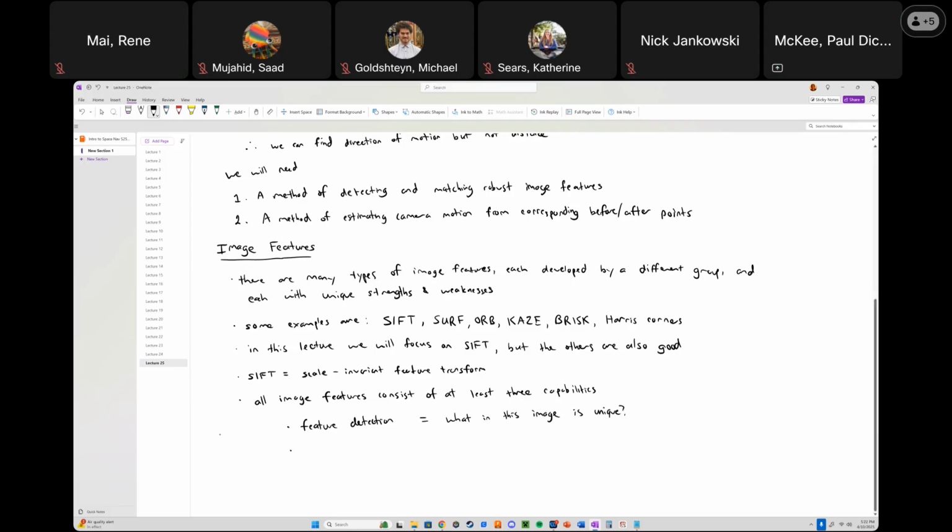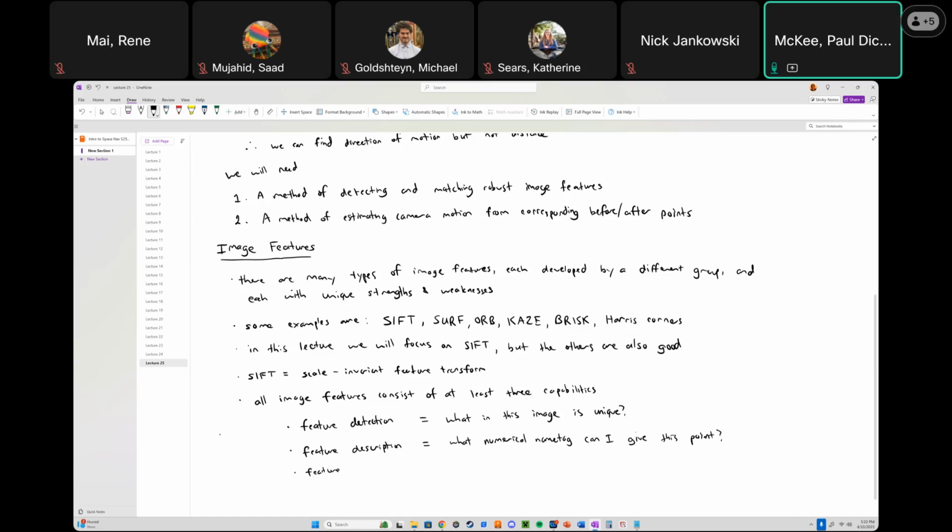And then there is feature description, which is saying what numerical name tag can I give this point? And then there is feature matching.